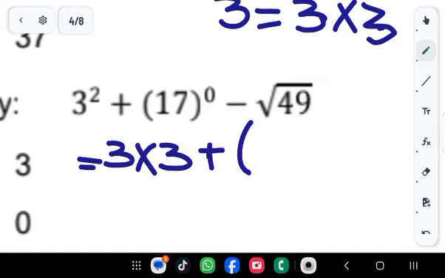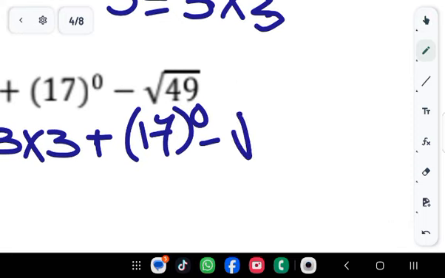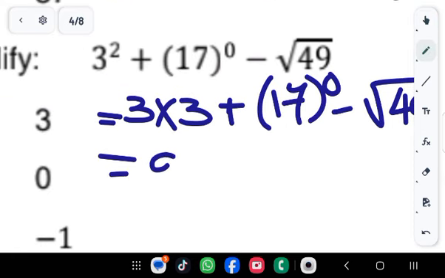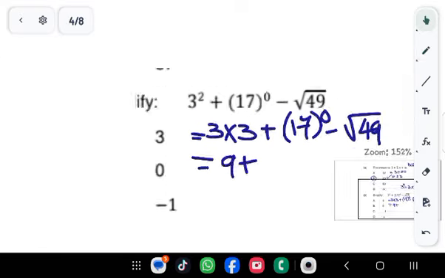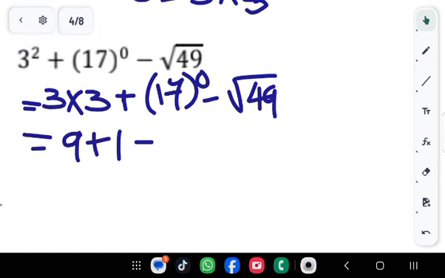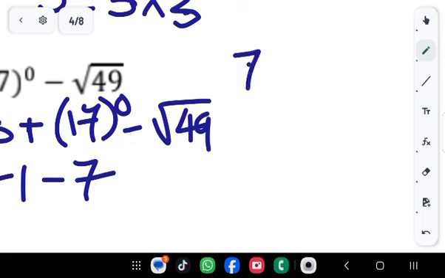So 3 times 3 plus 17 to the power of 0, minus the square root of 49. All right, 3 times 3 is 9, plus any number to the power of 0 is 1, minus the square root of 49 is simply 7. Why? Because 7 times 7 is equal to 49.